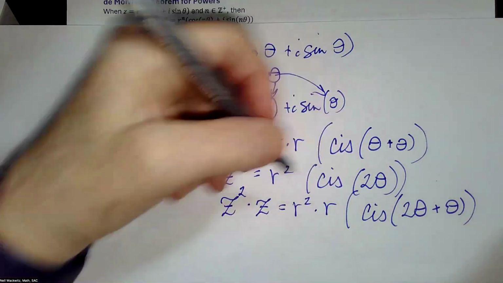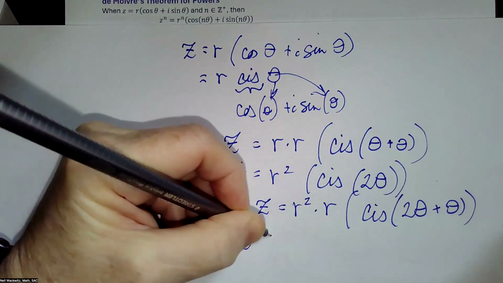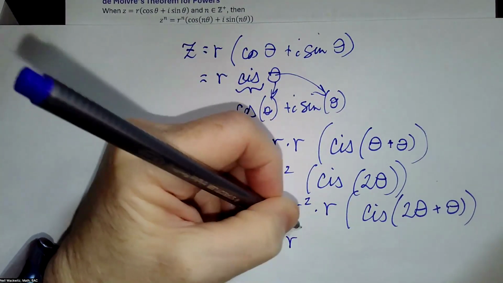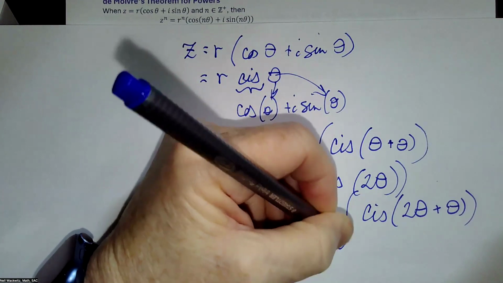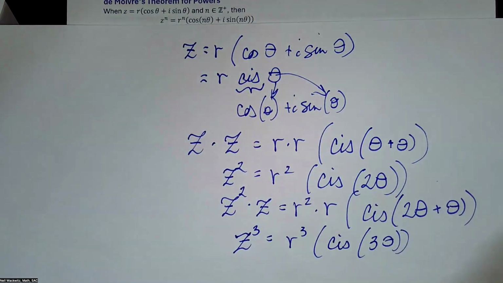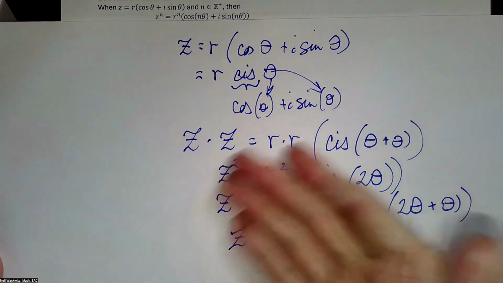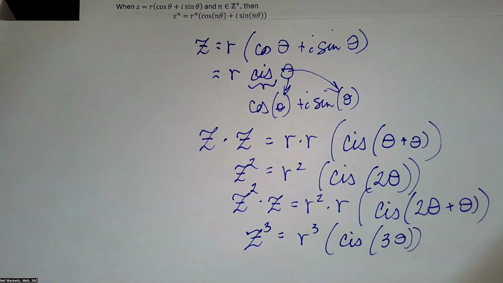And if we add and multiply, we get that z cubed is r cubed cis of 3 theta. And this isn't really a proof, but you can see that this process can be generalized.